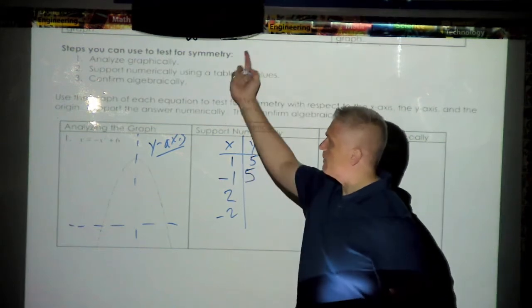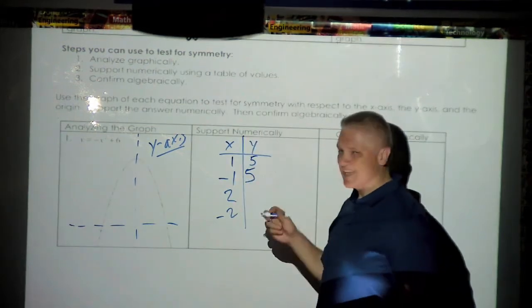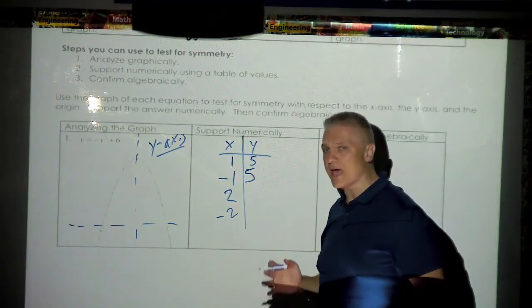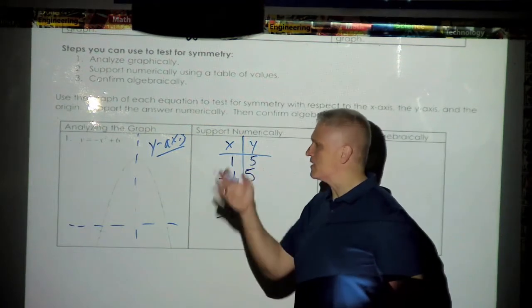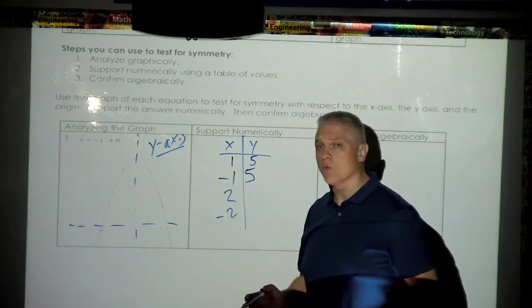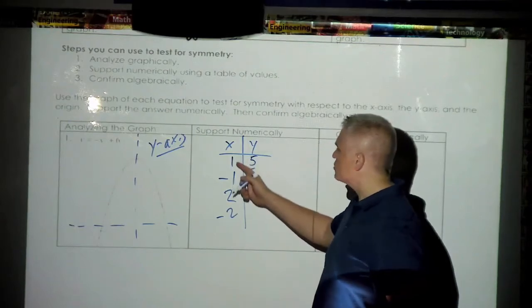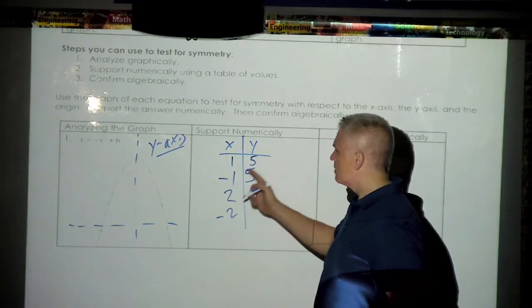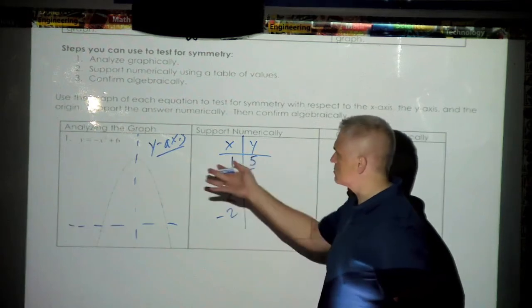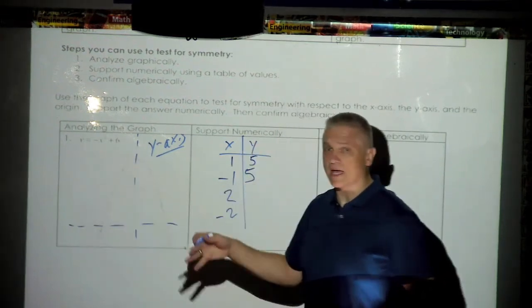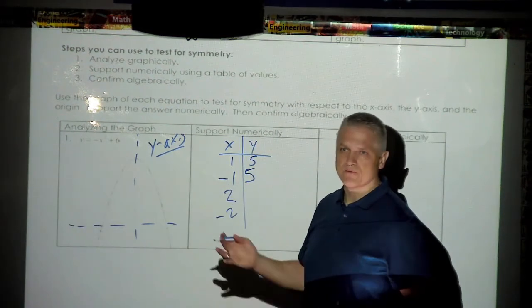If you look back up the next part of the page here, that's exactly what you have to have if you are going to have a graph that is symmetric to the y-axis. If you change the x, the y stays the same. The f of x stays the same. They didn't give us f of x, but you can imagine it's f of x or g of x.